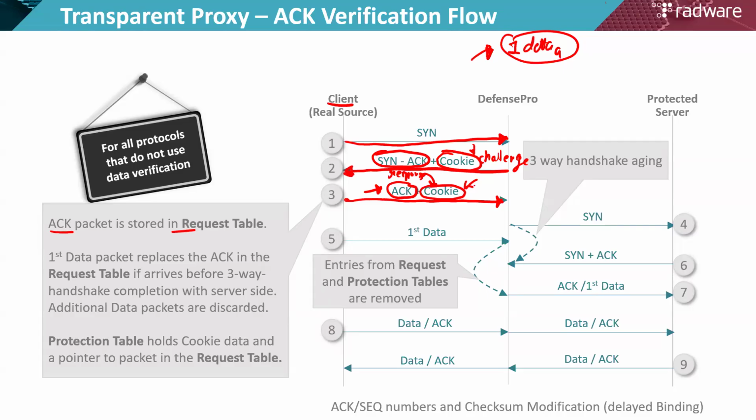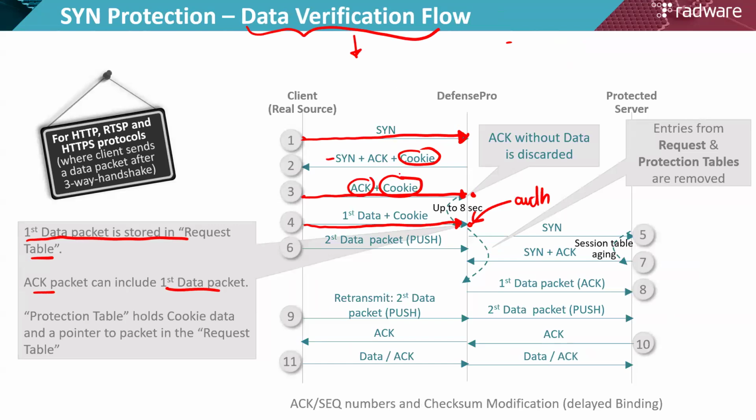So this was ACK verification flow. Next is data verification. In the previous slide, we were authenticating at the ACK, but in the data verification flow, we will be authenticating the client after we receive the first data packet.